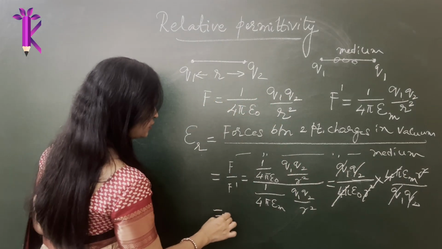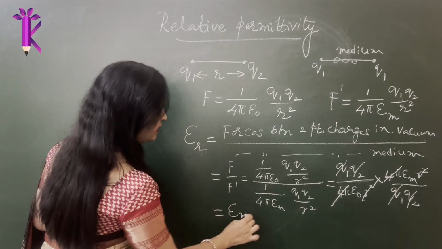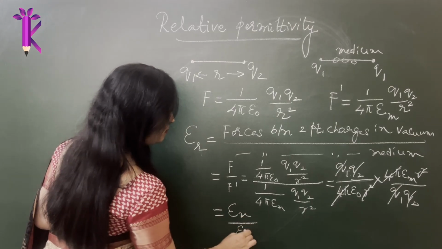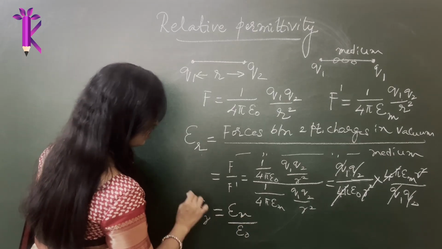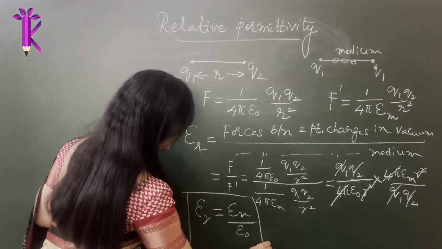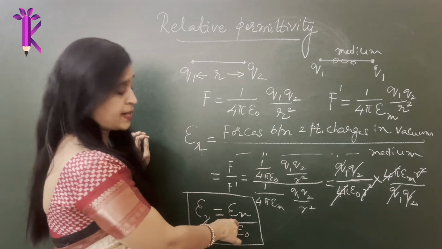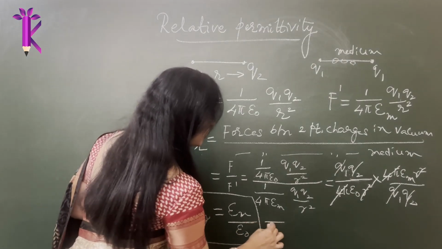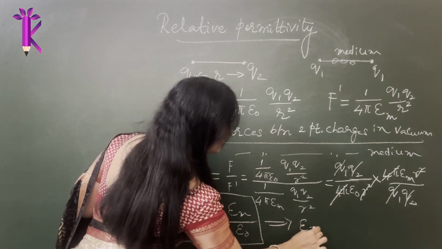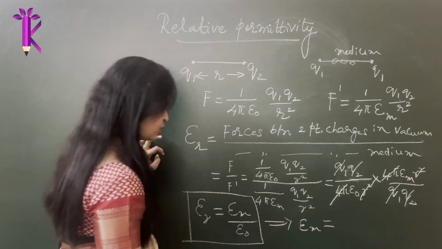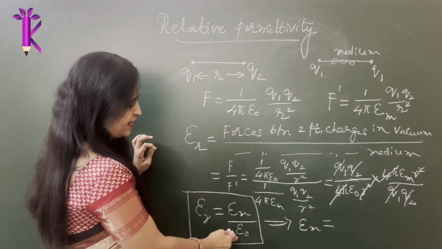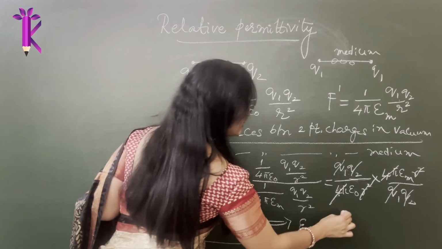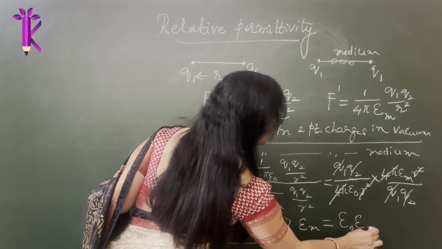So what do you have? You have permittivity of the medium divided by permittivity in free space. So what is relative permittivity? Relative permittivity is basically permittivity of the medium divided by permittivity of free space. In other terms, the permittivity of any medium can be numerically found out if you know the permittivity in vacuum multiplied by the relative permittivity.